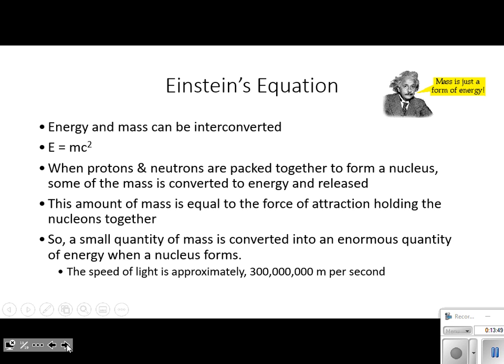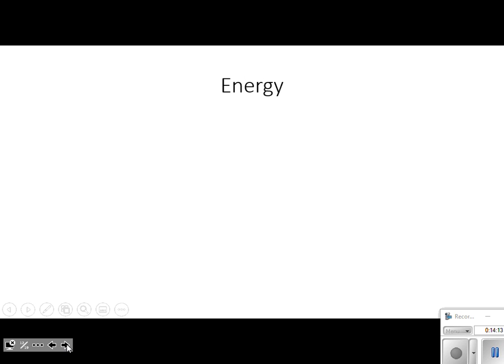So if we think about it, a very small quantity of mass is converted into an enormous quantity of energy. Why? Well, think about it. The speed of light is approximately 300 million meters per second. That's a pretty big number, isn't it? So, when I look at this whole energy bit, a small amount of mass can convert into a huge amount of energy.